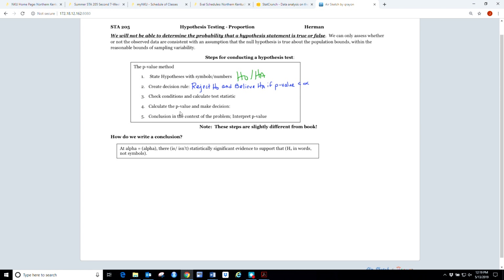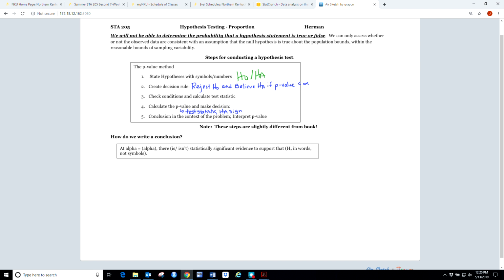Step 4 is we need to calculate our p-value. And to calculate our p-value, we actually need 2 things. We need our test statistic that we would calculate above in step 3. And I need my alternative hypothesis sign. I need that so I know if it's a one-tailed test or a two-tailed test.